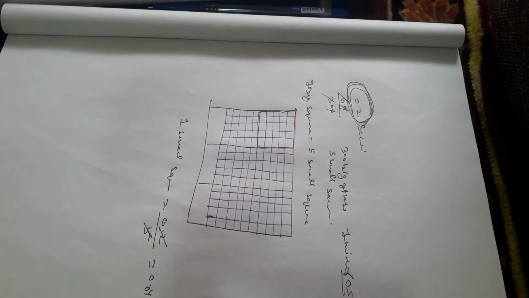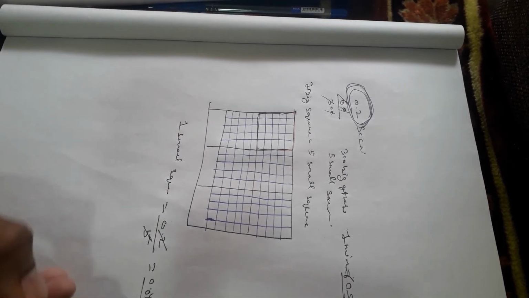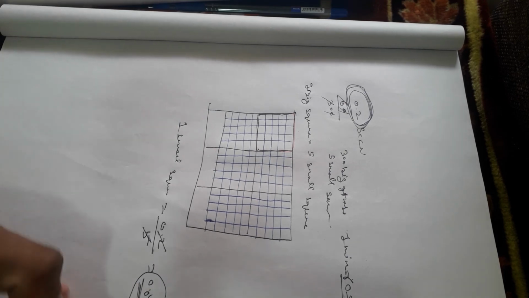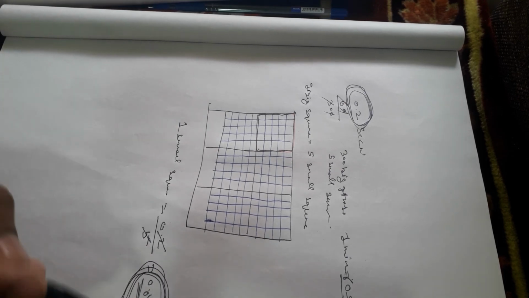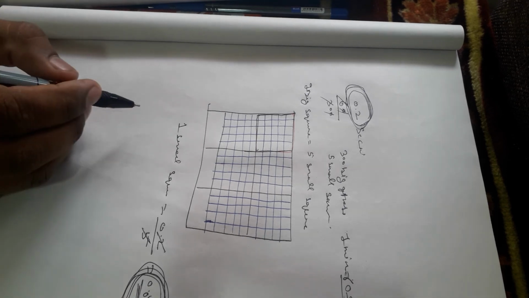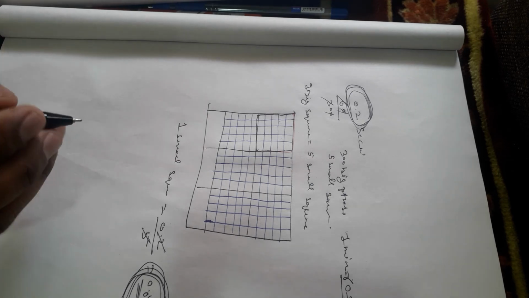So the duration of one small square is 0.04 second. It is a very important point in any clinical correlations.